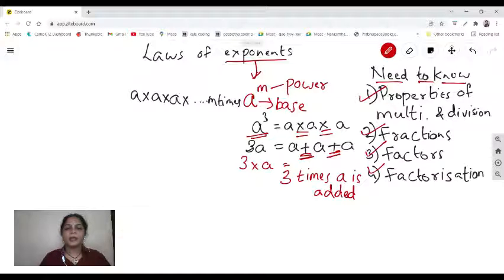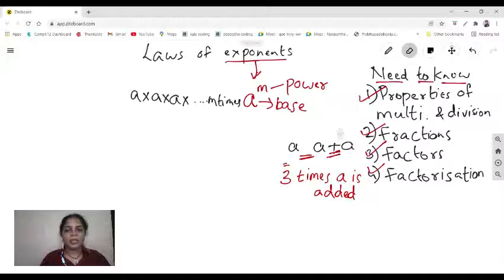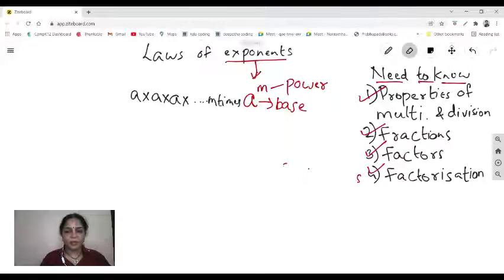Correct? That's the thing. Now, the other common misunderstanding students have about exponents is they think that the brackets don't have any meaning. Say, for example, if I write 1 by 2, how do I expand this?